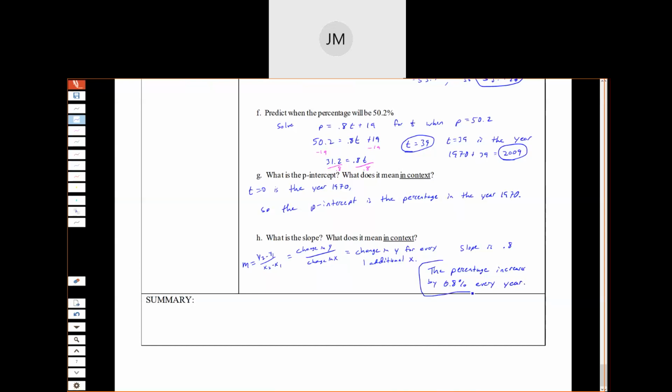Okay, that's what the slope means. All right, that's it for this section.